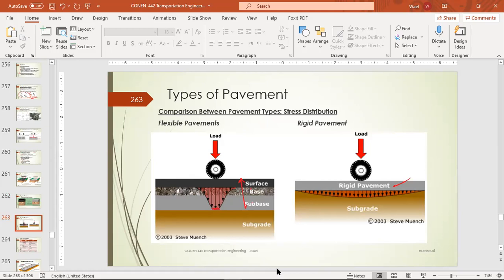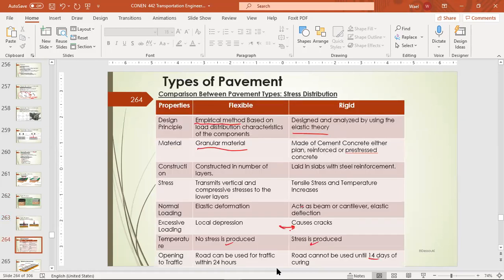It's like designing a slab carried by the subgrade. In this table, we have a comparison between pavement types and the stress distribution. For flexible pavement, the design principle is empirical methods.